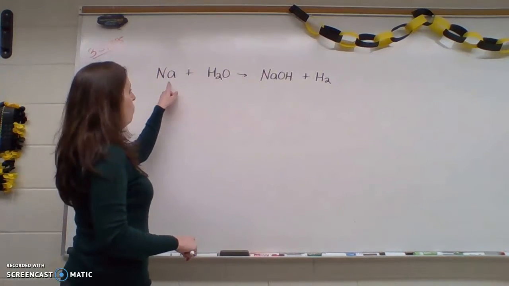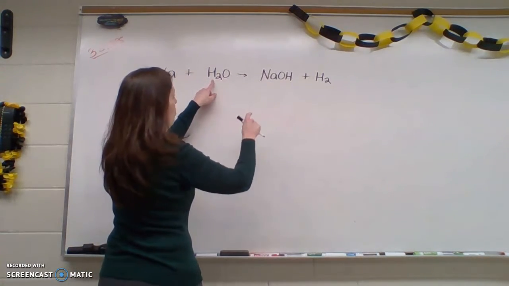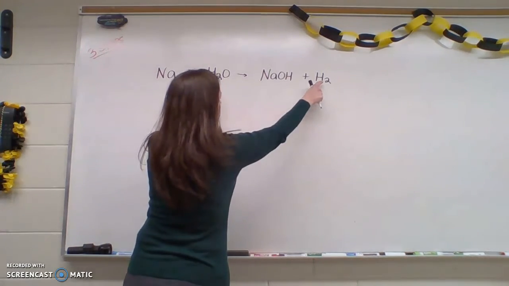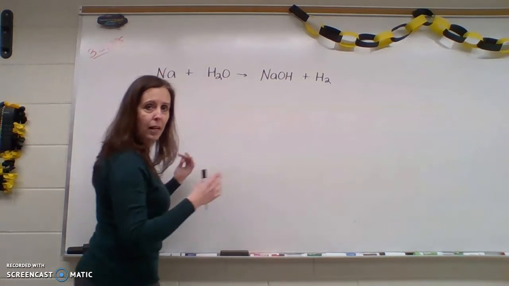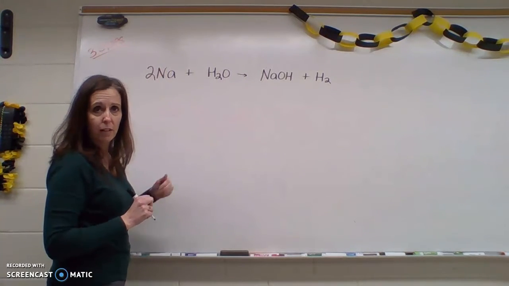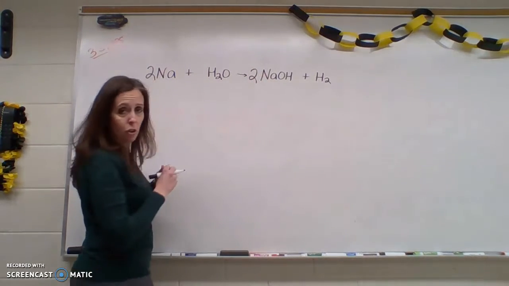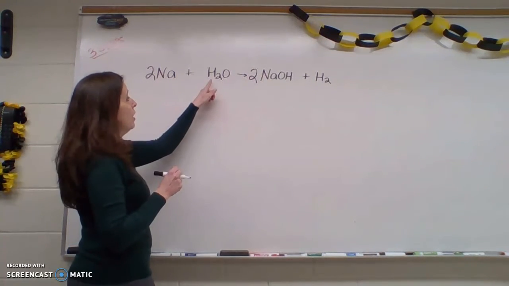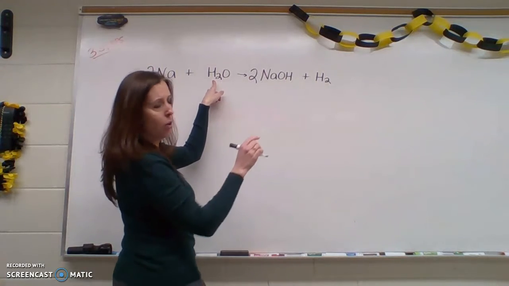And I have 1 Na, 1 Na. 2 hydrogens, 1, 2, 3 hydrogens. Well, that doesn't work. Well, if it doesn't work, I go back to the beginning and I put a 2 in front of it. So now I have 2 Nas, 2 Nas, 2 hydrogens here, but on this side I've got a bunch of junk going on.